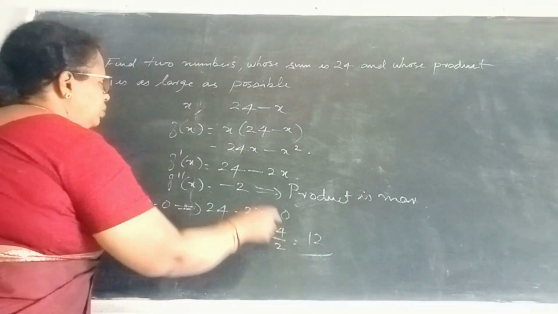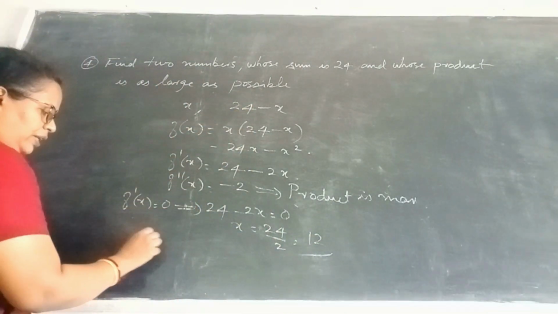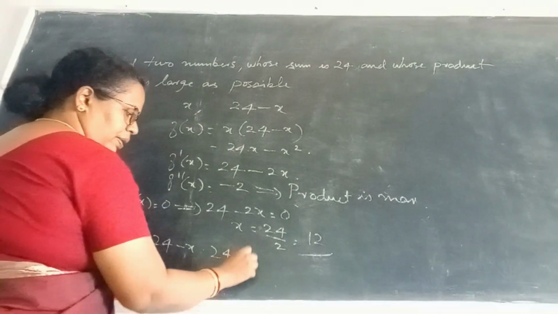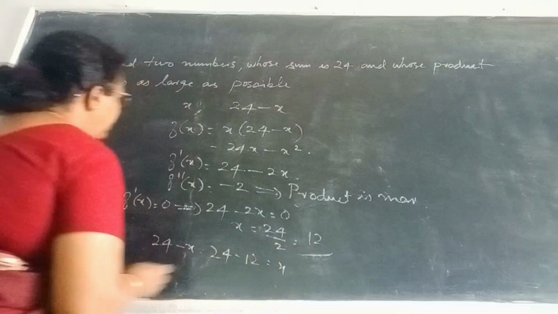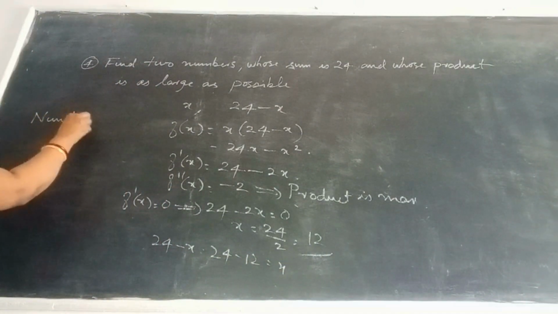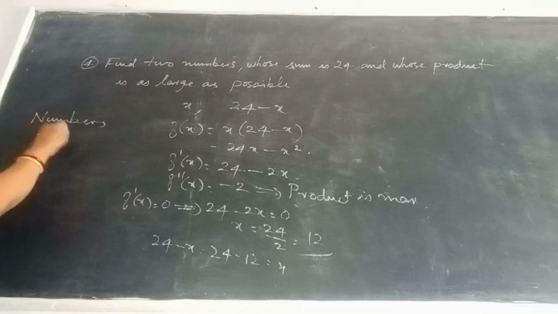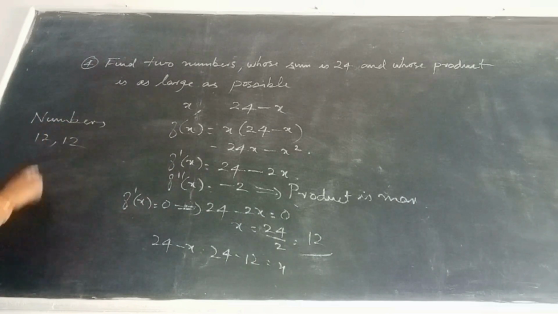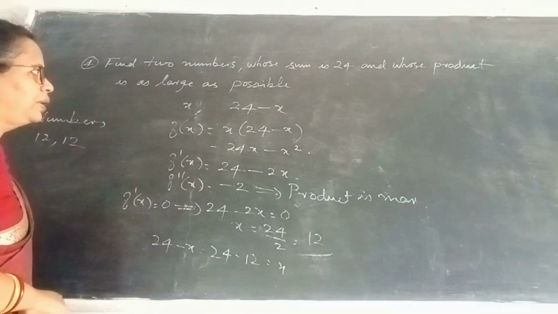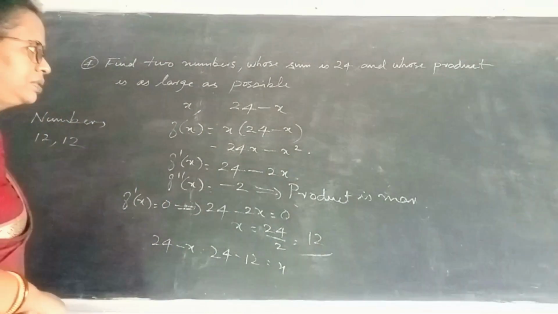So when x is 12, the other number is 24 minus x, which is also 12. So what are the numbers? We got the numbers as 12 and 12. These are the two numbers whose sum is 24 and whose product is as large as possible.